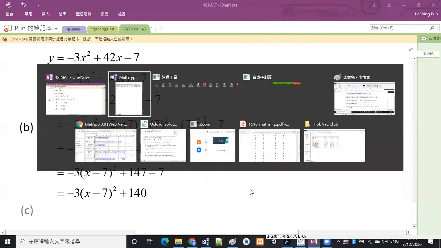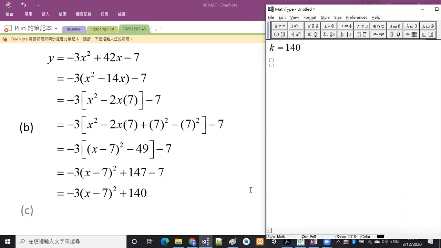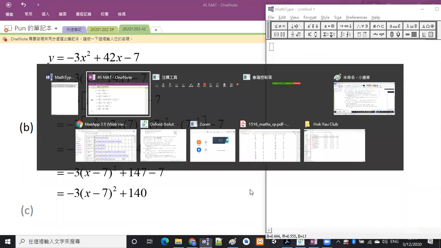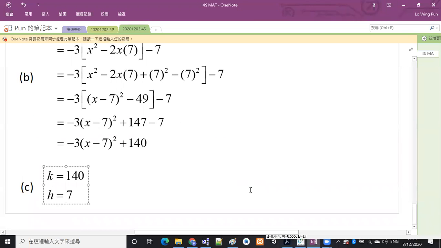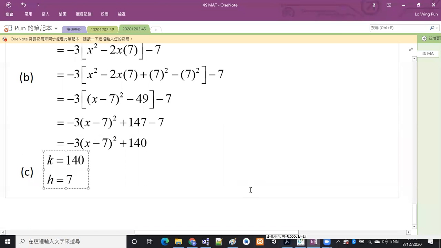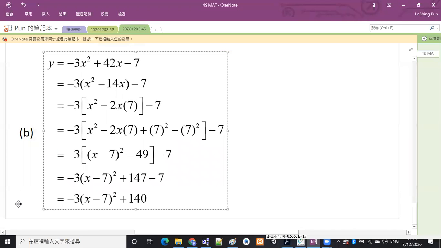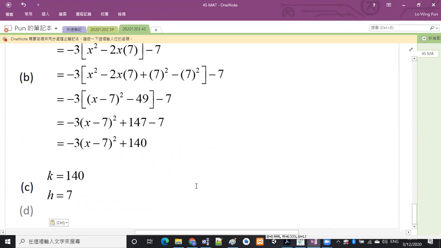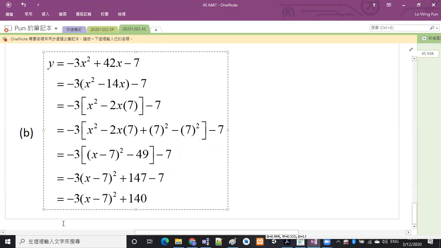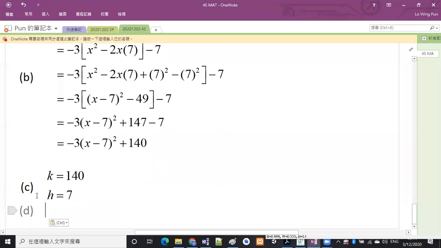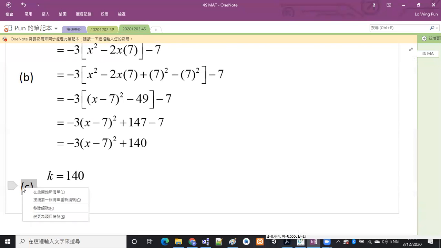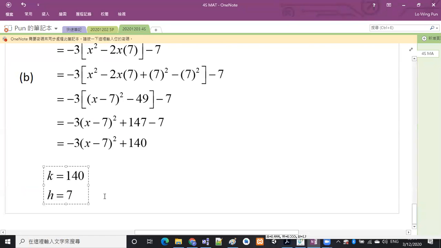Let us state that k will be 140, and then h will be 7.